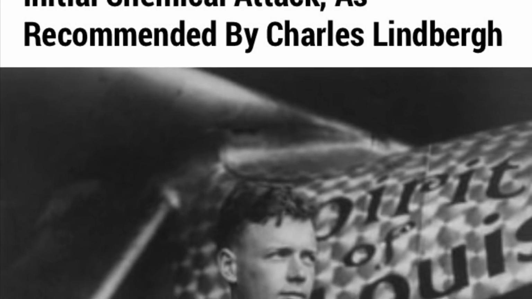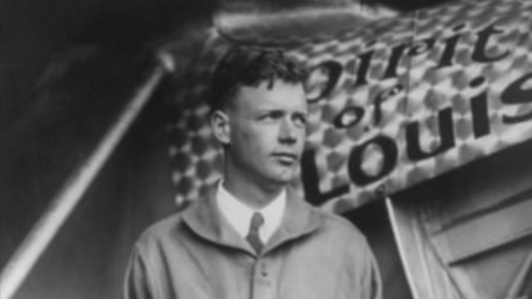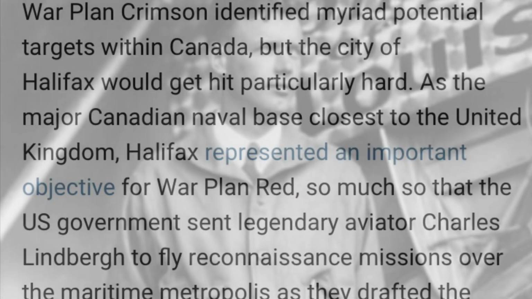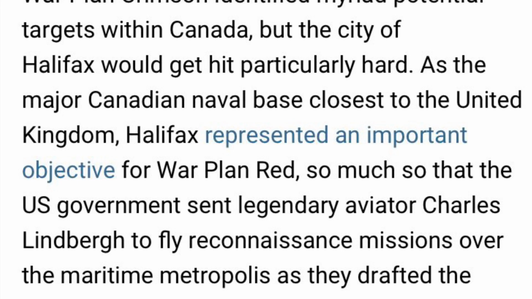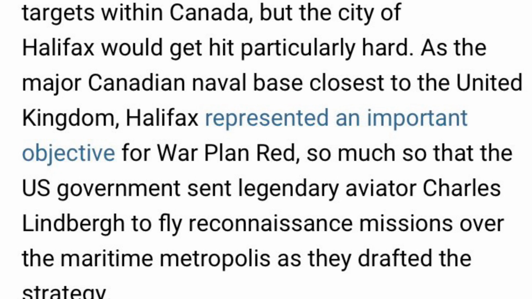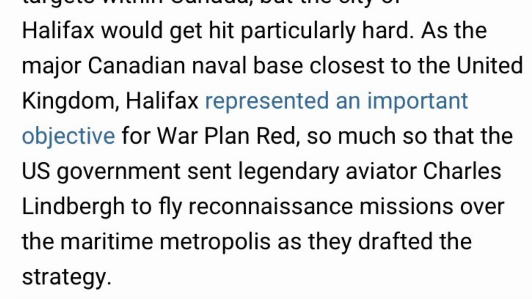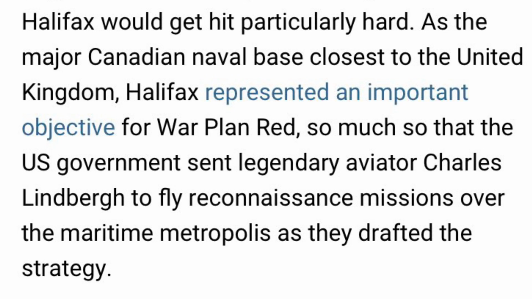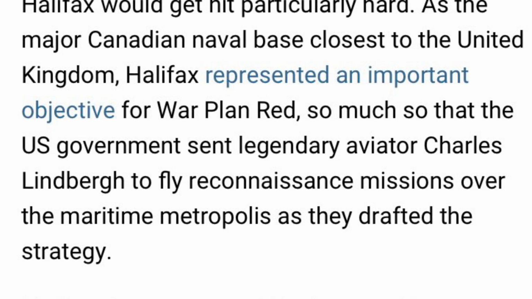Halifax would bear the brunt of an initial chemical attack, as recommended by Charles Lindbergh. War Plan Crimson identified potential targets within Canada, but the city of Halifax would get hit particularly hard.